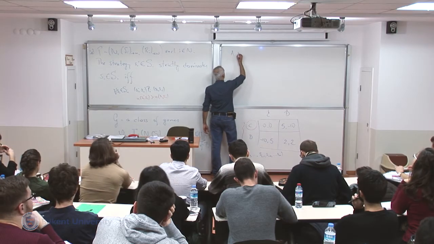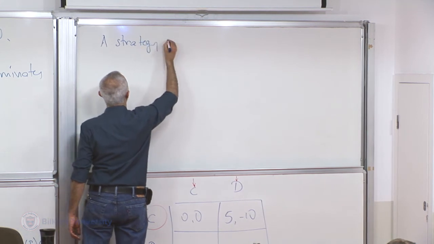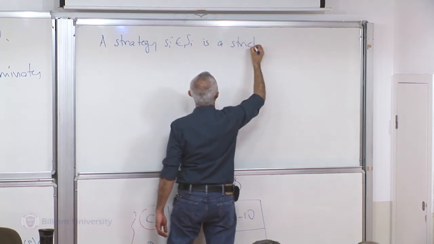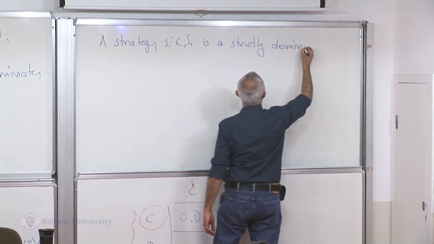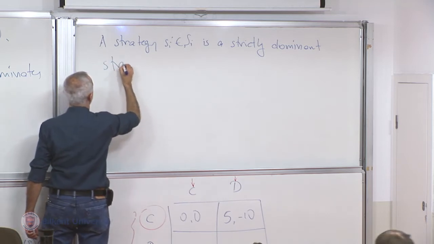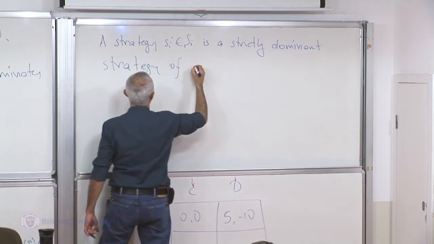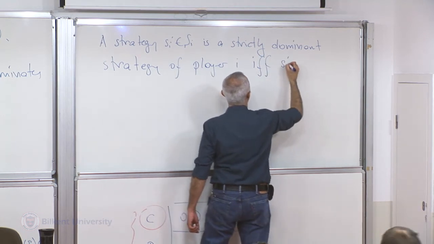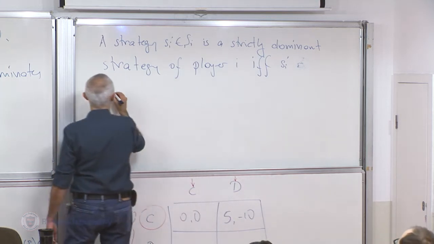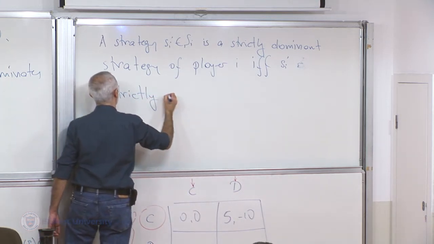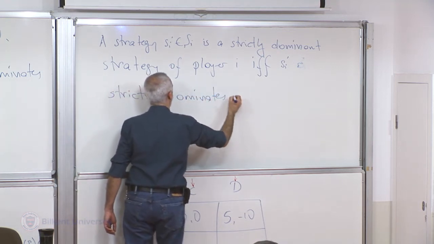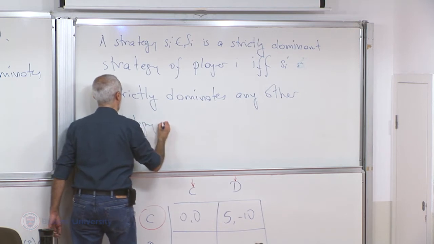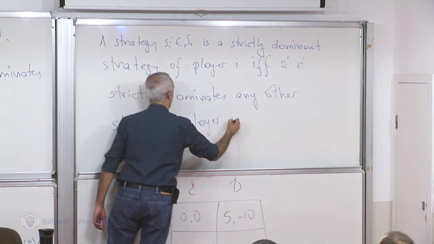So a strategy Si prime of player i is a strictly dominant strategy of agent i if and only if Si prime strictly dominates any other strategy of player i.